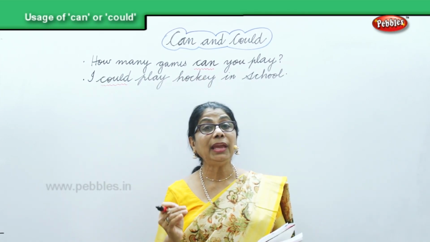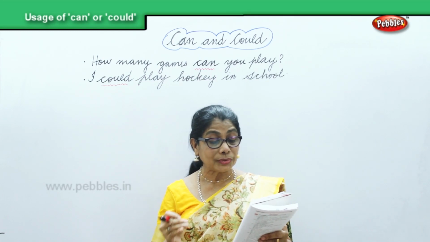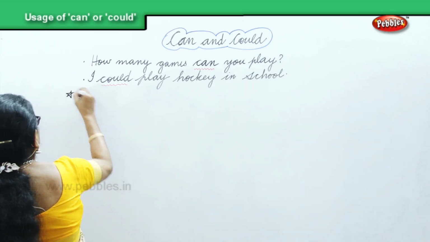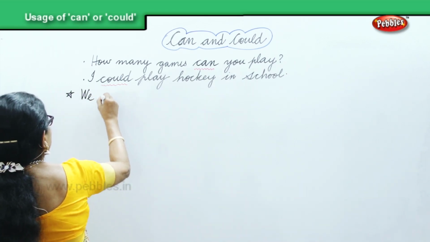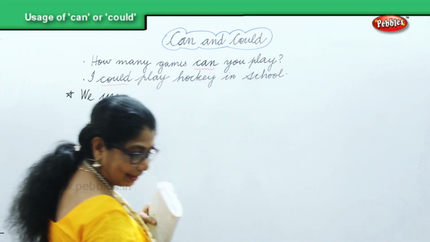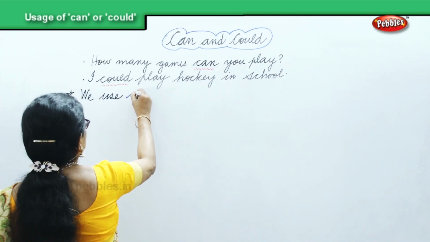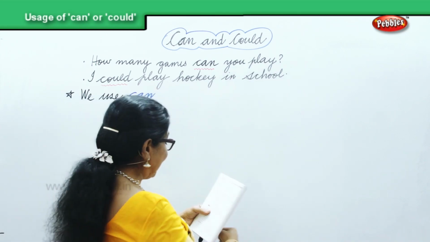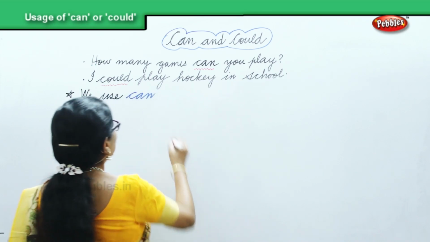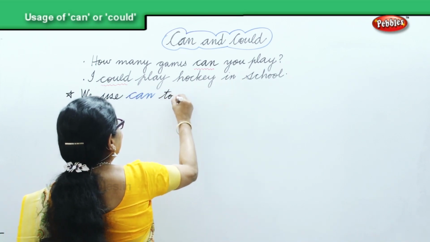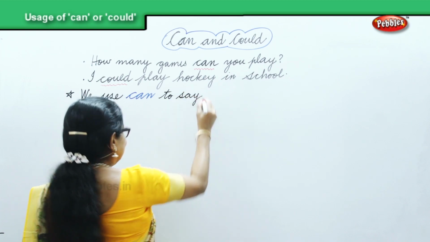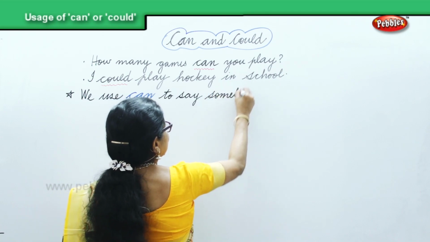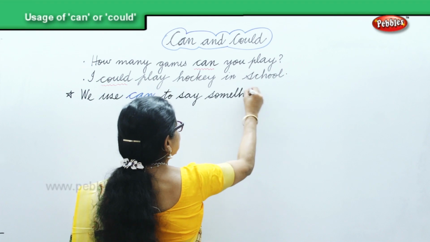Now, we use can to say something is possible. So what we need to remember is we use can to say something is possible.